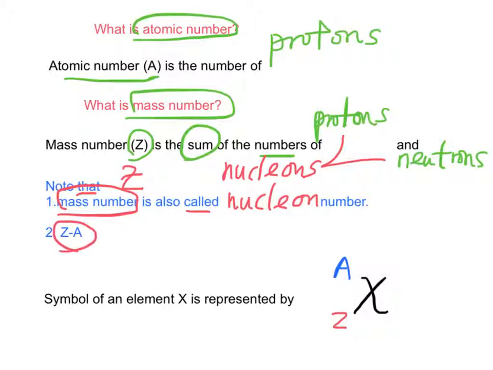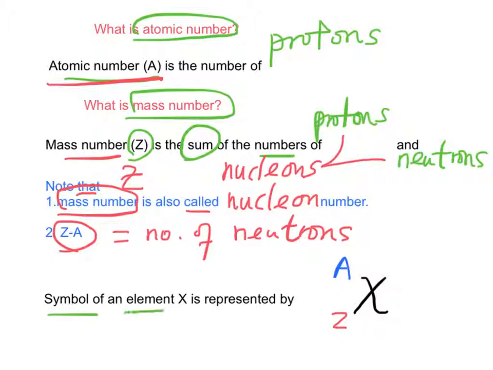A minus Z, that is the mass number minus the atomic number, is equal to the number of neutrons in the nucleus. The symbol of an element X is represented by X with A as the mass number and Z as the atomic number.